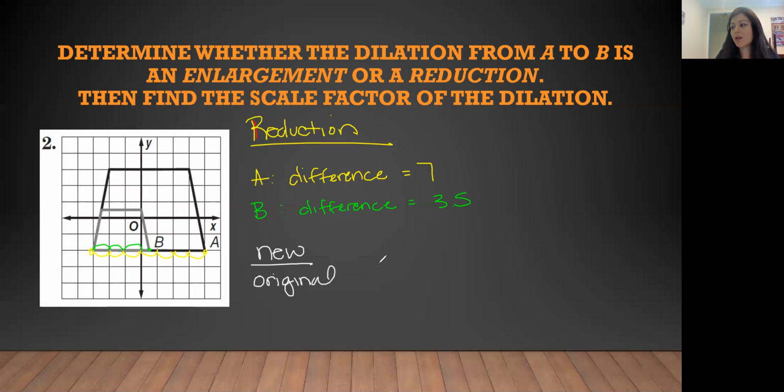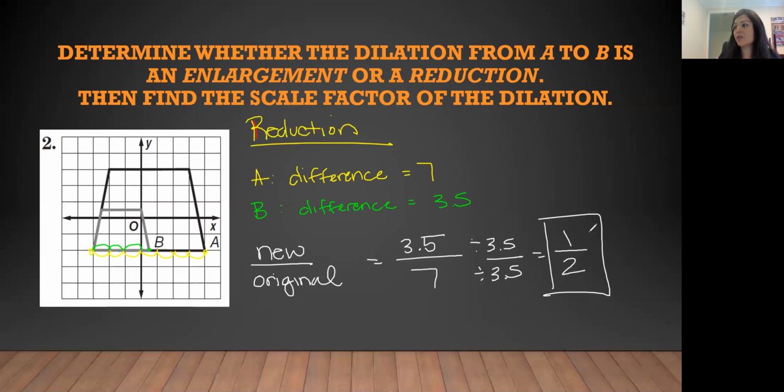The new one was B, which was 3.5, and the original was 7. You can simplify this by 3.5, and it ends up being 1 over 2. So the scale factor is 1 over 2, which is less than 1, so therefore it makes it a reduction.